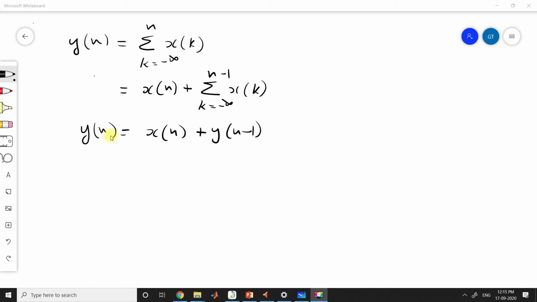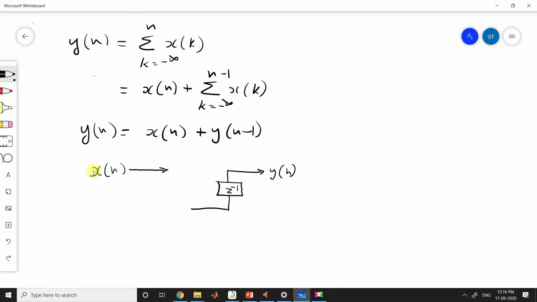Now let us try to realize it recursively using the symbols. Here we have x of n as the input and y of n as the output. Now we have the system equation as x of n plus y of n minus 1. How can we get y of n minus 1? This can be easily achieved by providing a delay element.